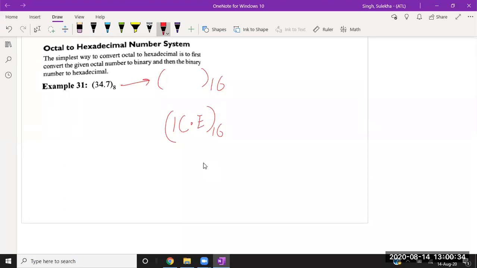Different possibilities which we are going to use frequently in this subject. All the possibilities, all the examples we have seen.